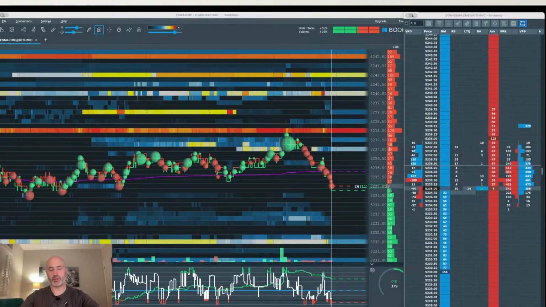I don't know why my source seems stuck. Like I'm trading, but my Bookmap's not showing up on the screen right. I'm not real sure why that is.